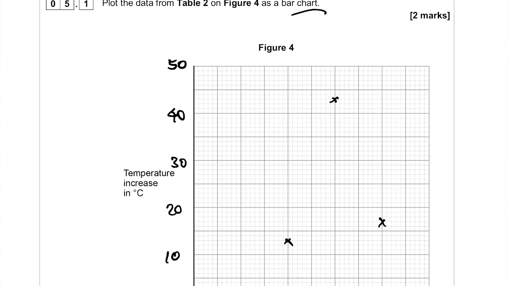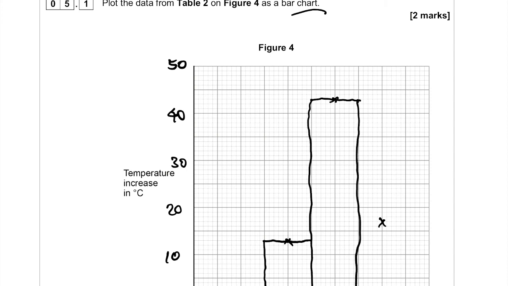So again, we need to express it as a bar chart. So we're gonna draw in. You can decide on how wide your bar chart is and whether you want to space out your bars, but basically you just need to do things like that, and so that's pretty much it.